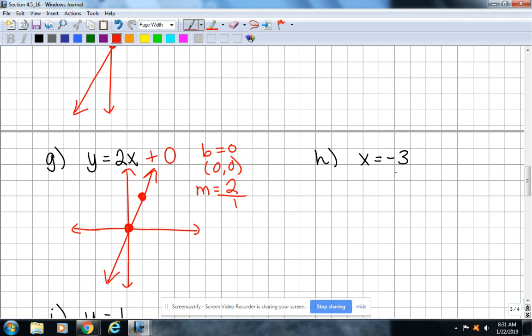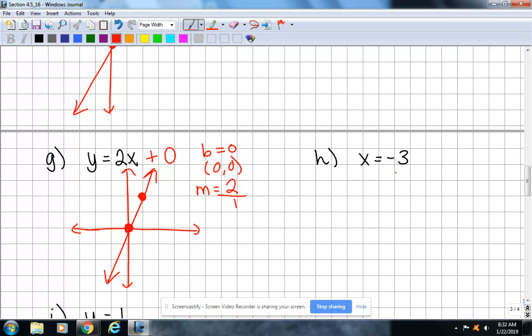What does x equals a number mean for a linear equation? That's exactly right. Your line is vertical. If you don't have that memorized, you need to be memorizing that. X equals a number is a vertical line. Y equals a number is a horizontal line.